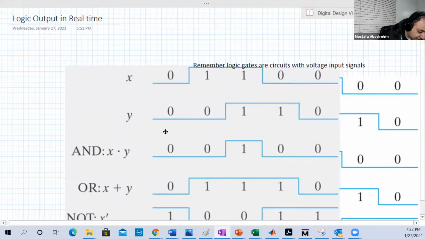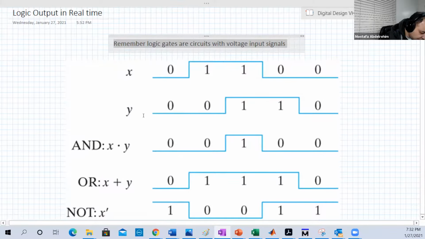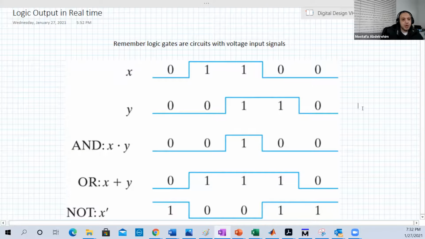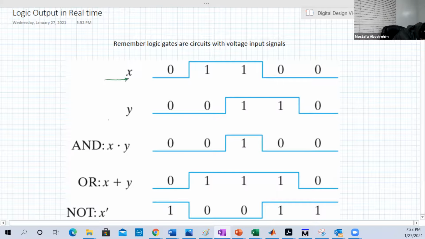So A, the voltage A, or the transistor input A, is just a signal. This signal has two distinct voltages, either high, VCC, or low, 0, something like this. Or this, if the circuit has two inputs, A and B, or X and Y.